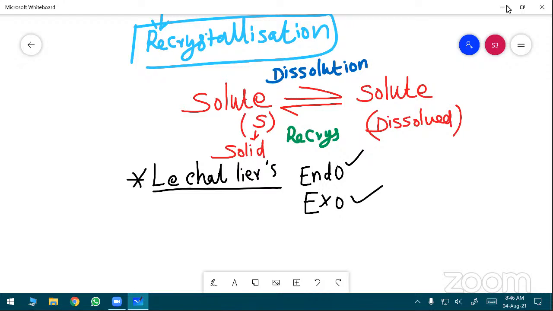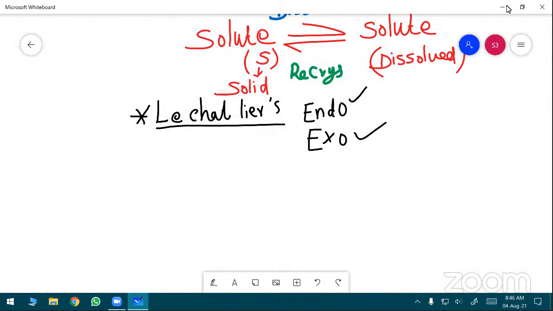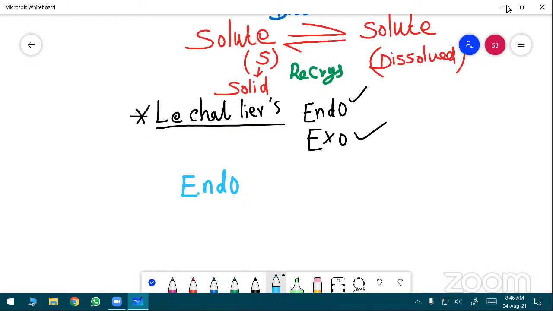Here Le Chatelier is saying this: we are discussing solubility. What happens to the solubility when the temperature increases? In an endothermic process, when the temperature increases, solubility also increases.